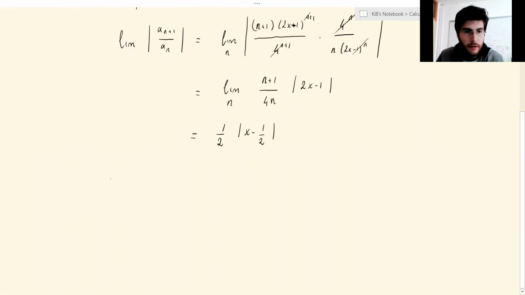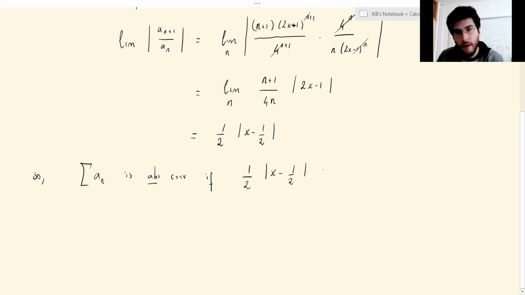Fine. And we know that the given series is absolutely convergent if, remember the condition, the ratio, so we already computed the limit, the resulting term, is less than 1.